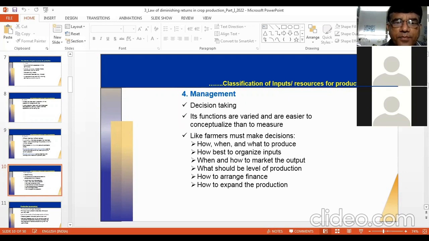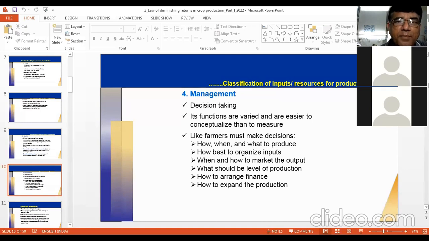These are decisions: how best to organize inputs, what would be the best combination of the inputs, when and how to market the output, what should be the level of production, how to arrange finance, how to expand the production. So all these points are covered under management.